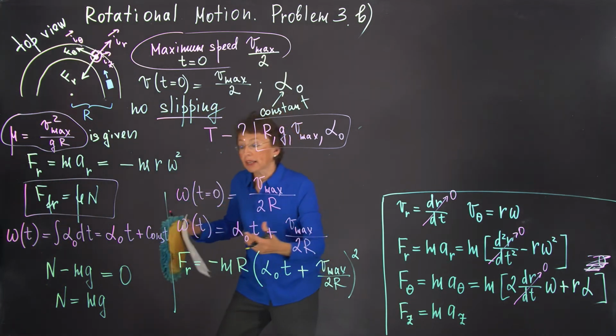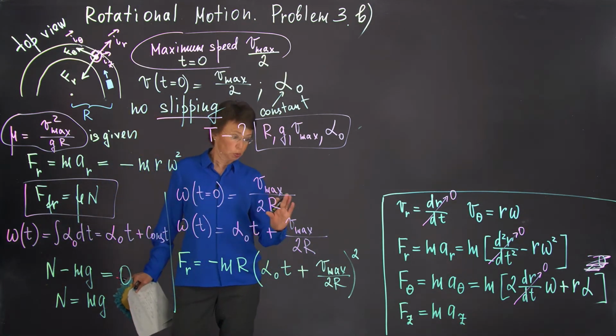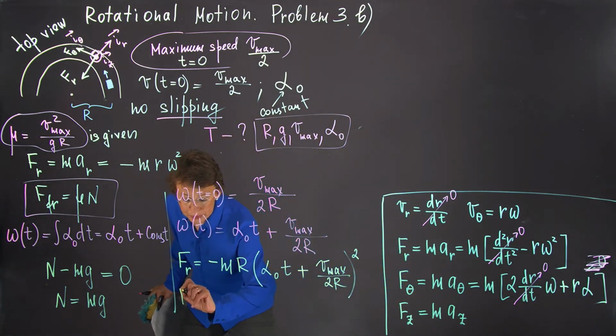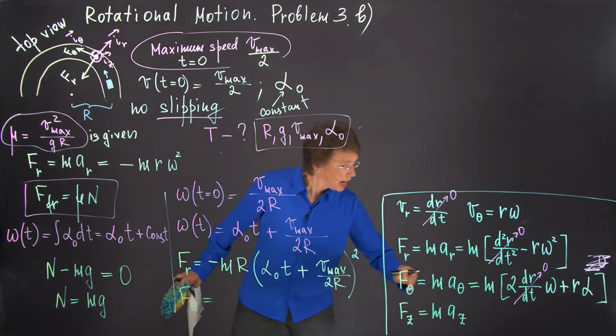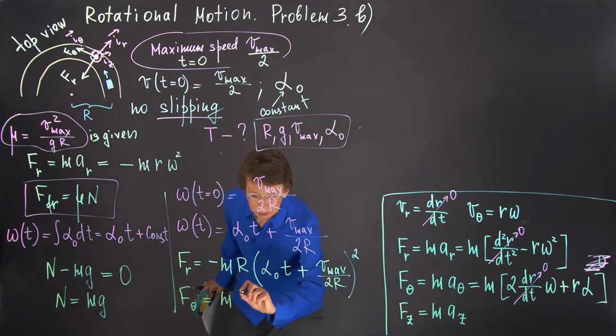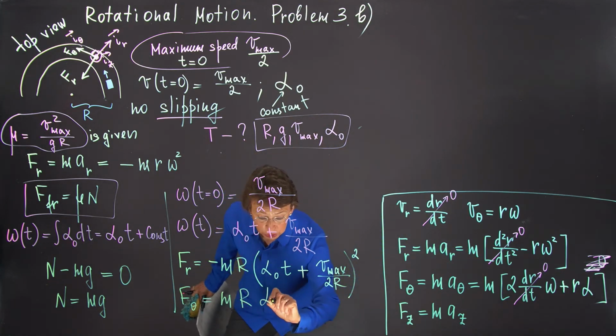And the magnitude is mu n, so we still have work to do. What is F theta? It is m, R is capital R, and alpha is alpha naught.